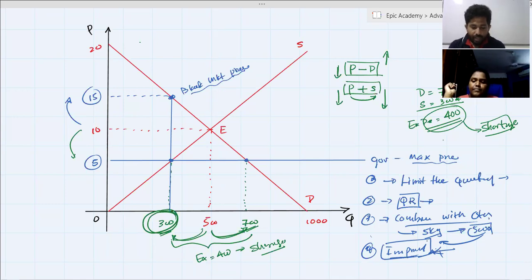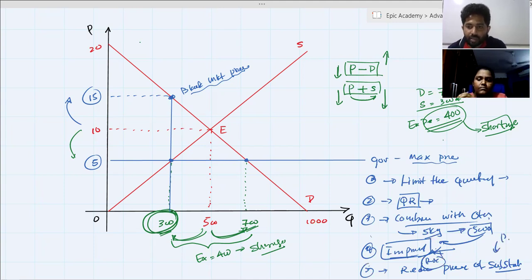Okay. And what else? Another thing, reduce the price of substitutes. As an example, if the price of rice increases, just reduce the price of bread.